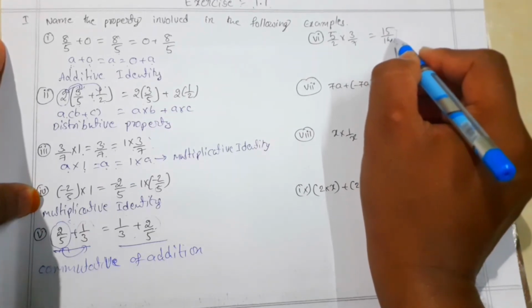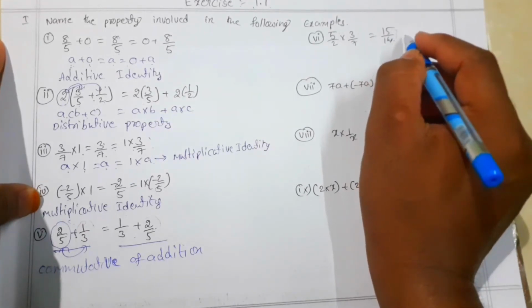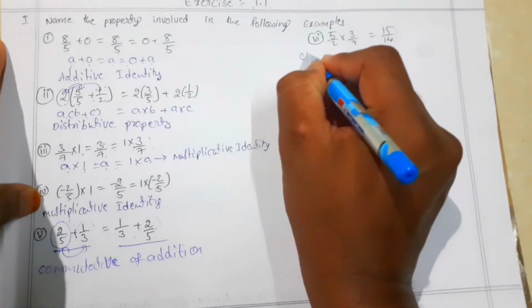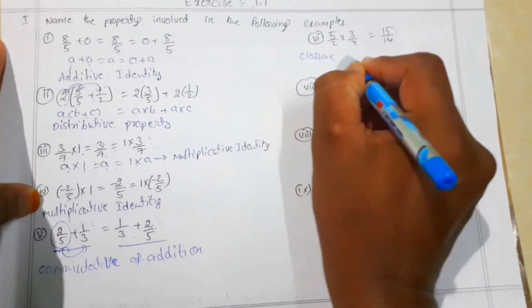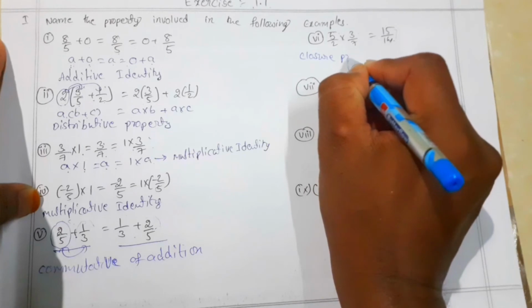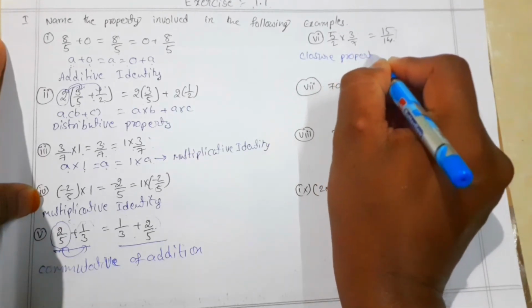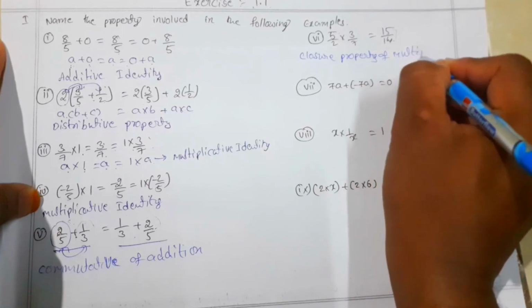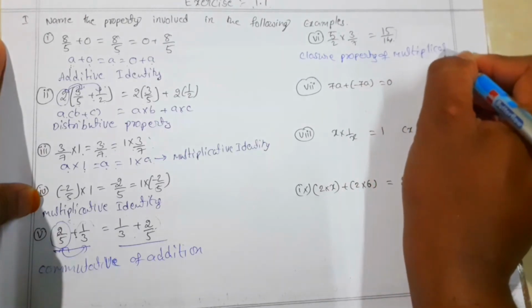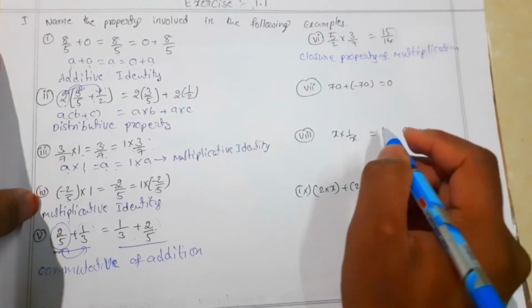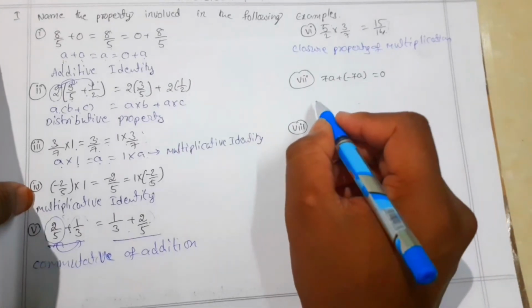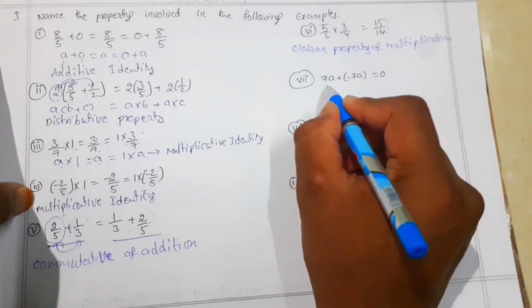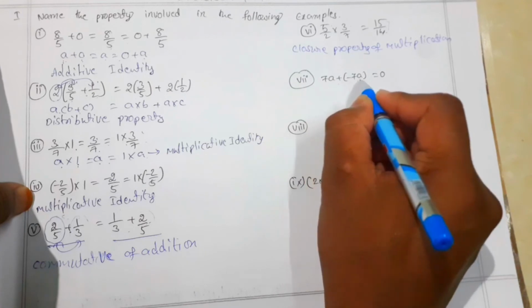This represents the closure property of multiplication.